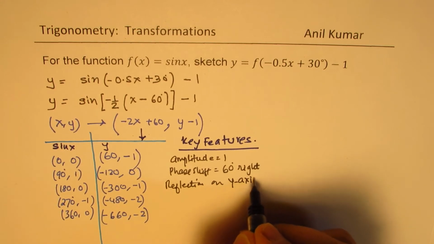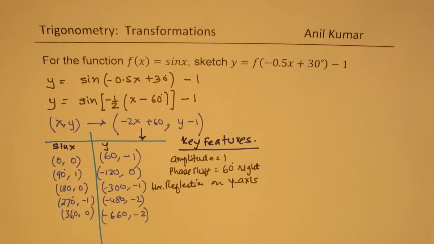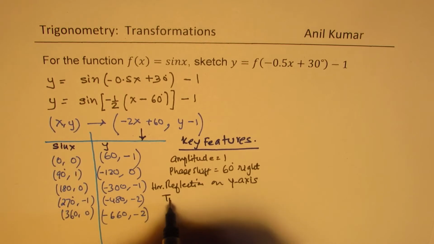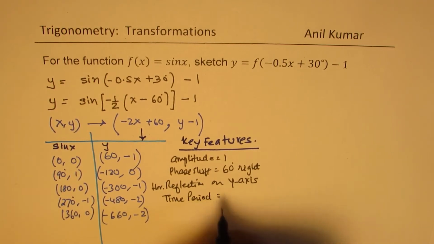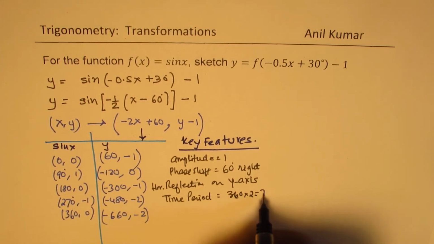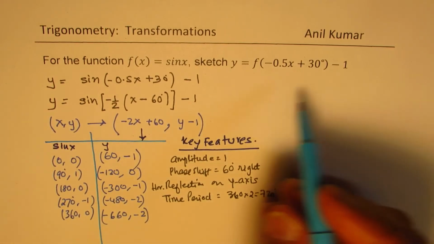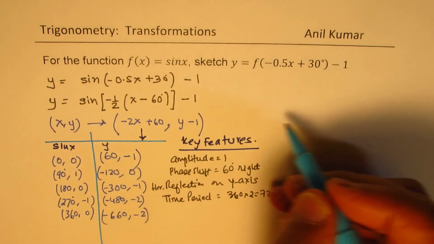So we have a horizontal reflection. Let me write horizontal here in short. So the whole thing flips on this side, and that's why you get all these negative numbers, correct? The time period is twice 360, right? 360 times 2, which is 720 degrees, which you can easily see from here, correct? So the whole wave actually has come on the left side.